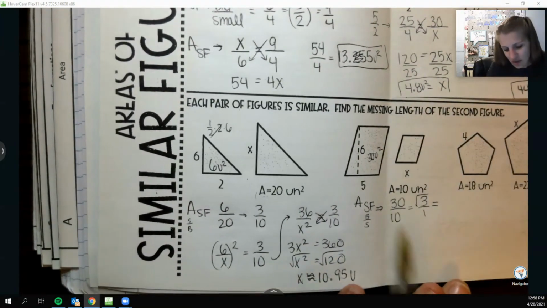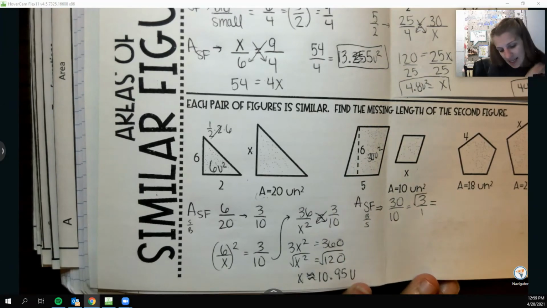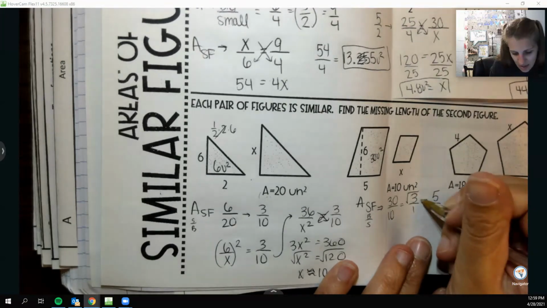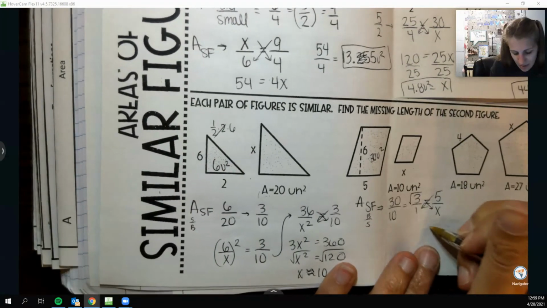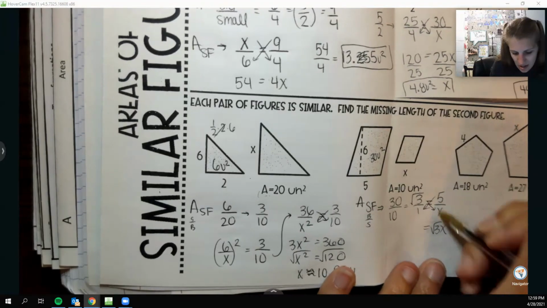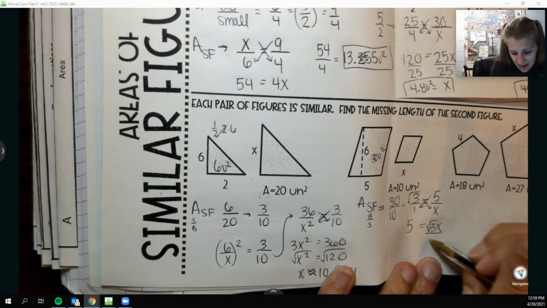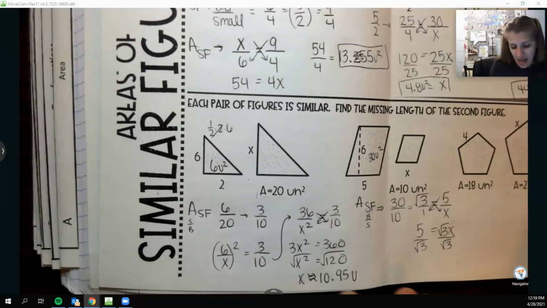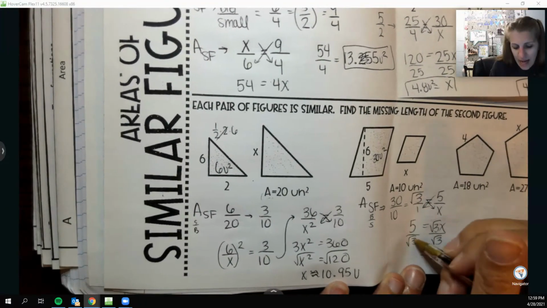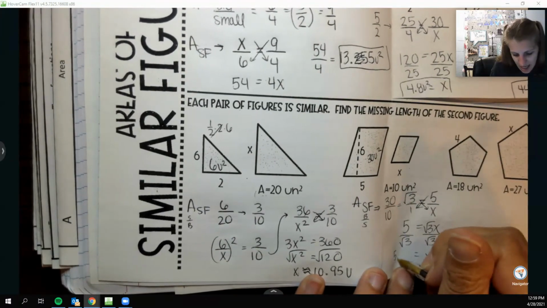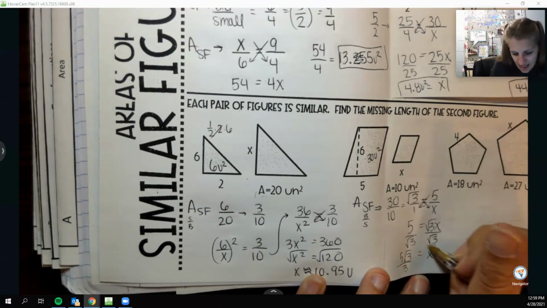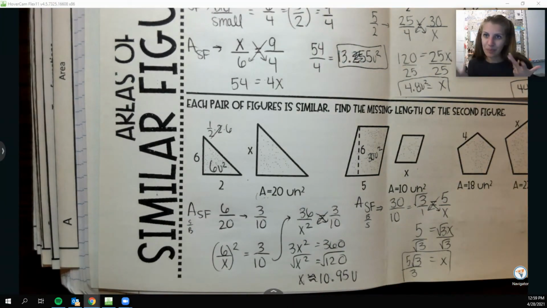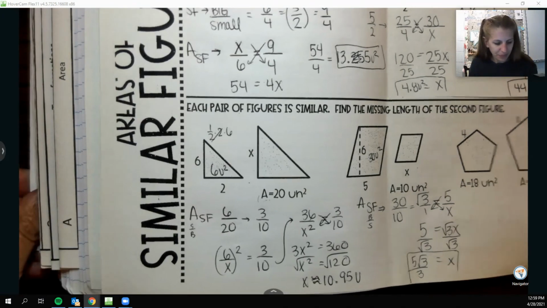Because then I can set that equal to the ratio of the sides, so 5 over x. And so when I cross multiply here, we'll get root 3 x equals 5, and then divide by root 3, which, if you remember, we can't have that root at the bottom. We end up rationalizing it, which just moves it to the top, and you put a 3 under. And then that's kind of nice because I don't have to get that yucky decimal like I did over here. But either way.